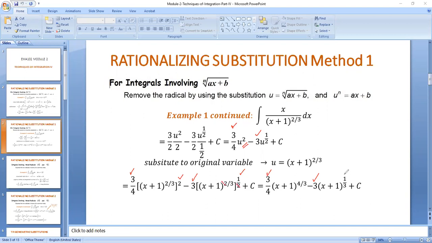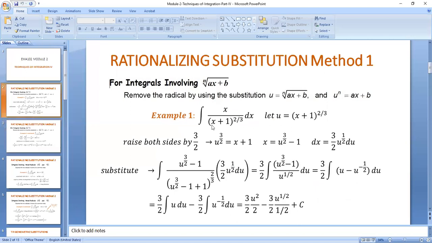So that would be 1/3. So this is now the answer to the integral that is given, which requires us to do rationalization. This is now the answer. I'll clear my markings. This is your answer to this integral.